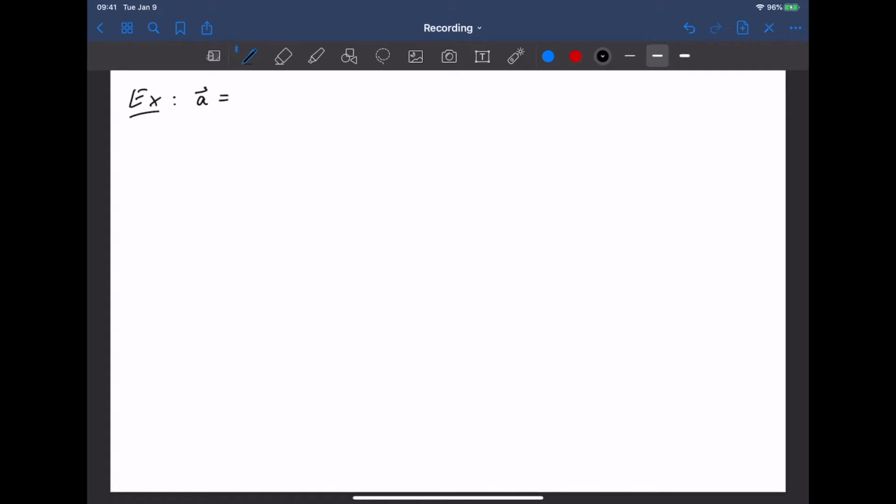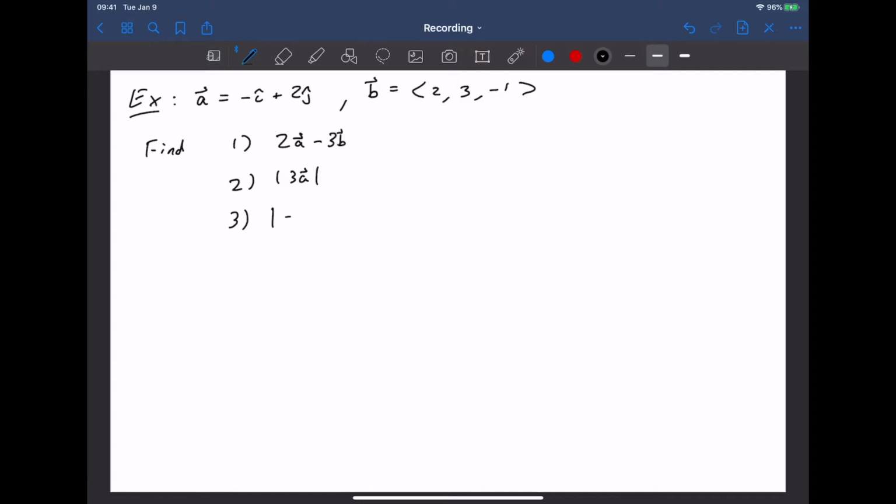If A equals -I plus 2J, and B equals <2, 3, -1>, find 1, 2A minus 3B, 2, the length of 3A, and 3, the length of -2B. Can you find these three?